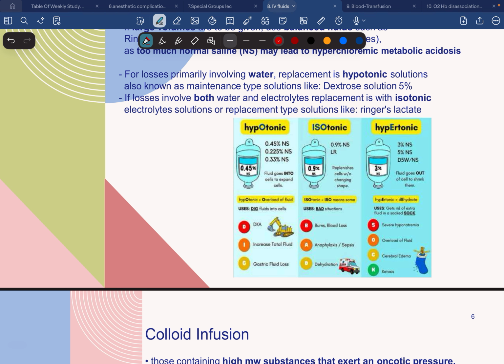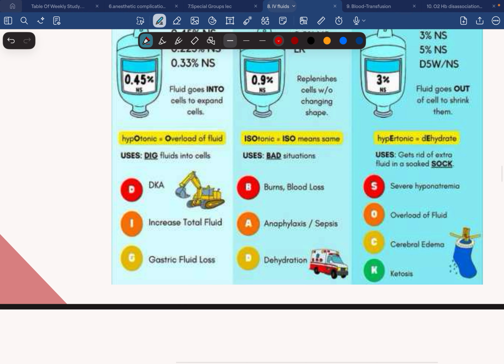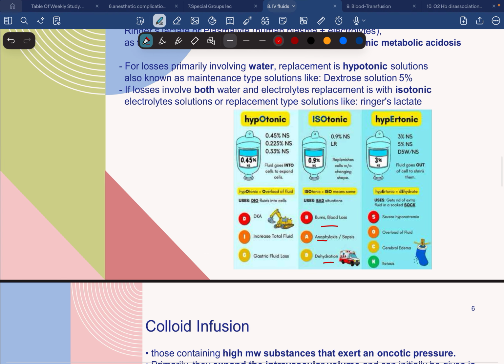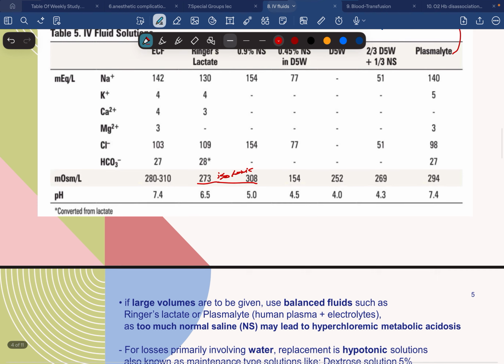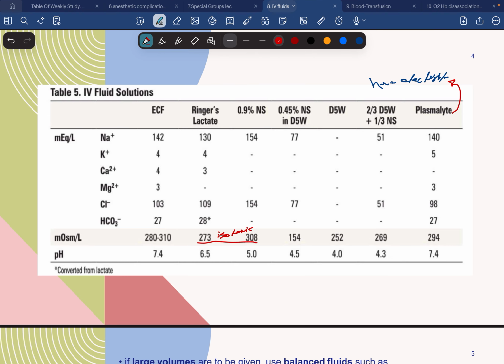Maintenance fluid, blood loss, burns, sepsis, anaphylaxis, dehydration, hypovolemia: for all of these, we use isotonic solutions. We most commonly use the most physiological ones. Can you guess which is the most physiological one, similar to ECF? Plasma, normal saline, Ringer lactate.